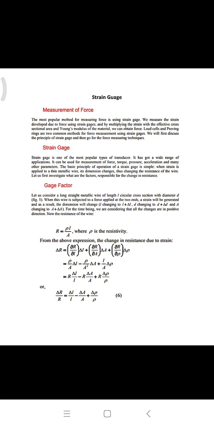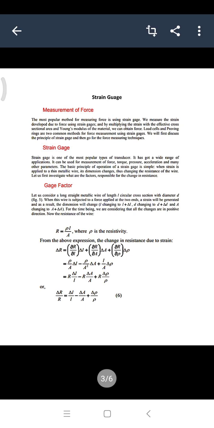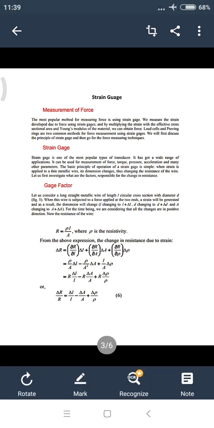As we know, for any conducting wire having length L, cross-section area A, and resistivity rho, the resistance is equal to rho L by A. If any one parameter changes, then the resistance of that wire will change. So when we apply strain to the metallic wire, its parameters change and the resistance also changes.